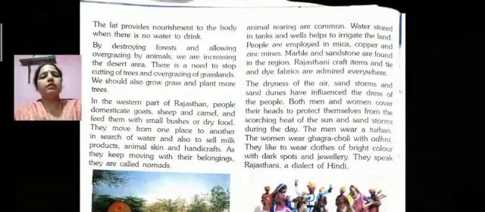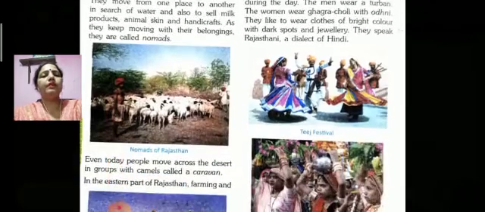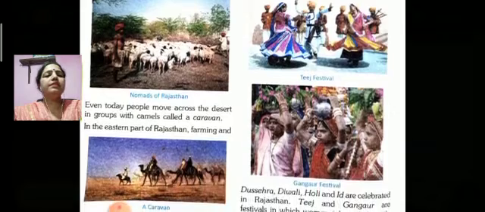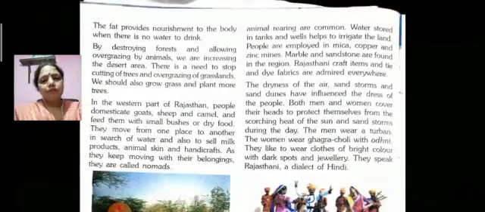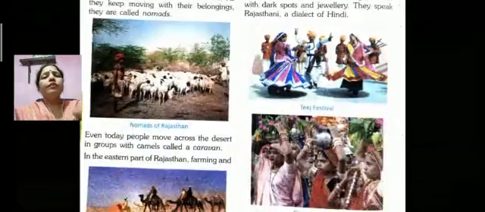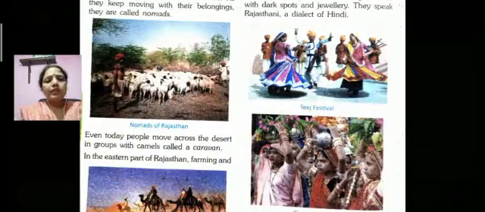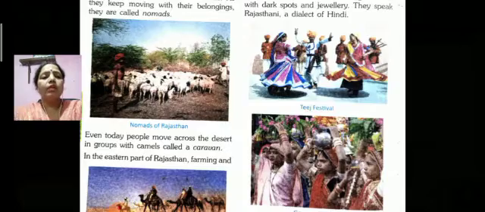Now here you can see some different types of pictures. Nomads of Rajasthan, Teej festival, a caravan and Gangaur festival. These are festivals of Rajasthan. Even today people move across the desert in groups with camels called caravans.